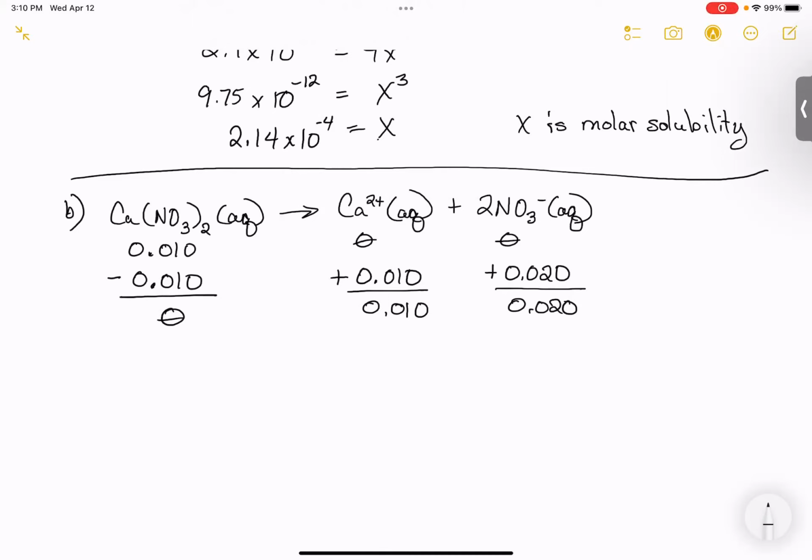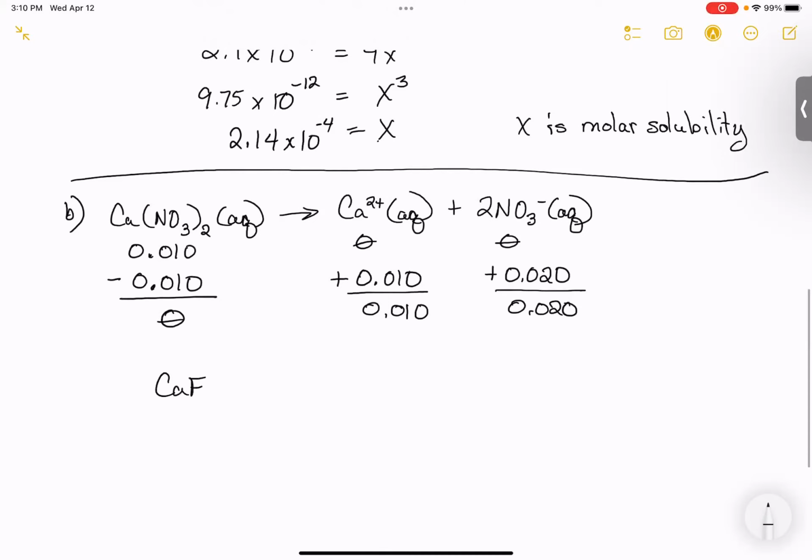Now, if you look at the question, that calcium fluoride that we started with was being dissolved in that calcium nitrate.